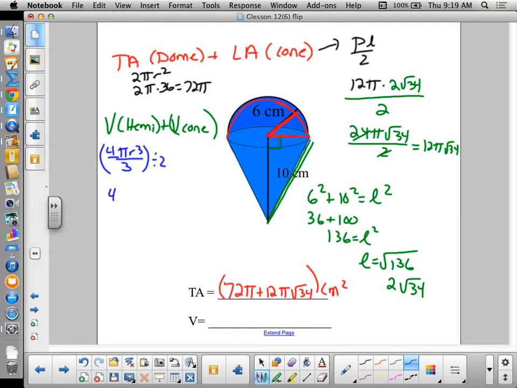Radius is 6, that's 4 times pi times 6 cubed, which is 216, over 3. 4 times 216 is 864 pi over 3, but that does reduce to 288 pi. But when I divide that by 2, we wind up with 144 pi.